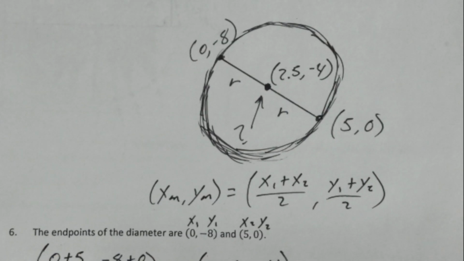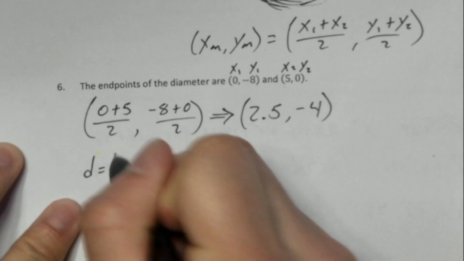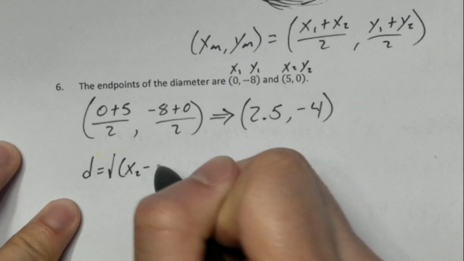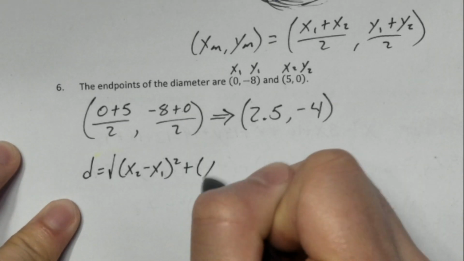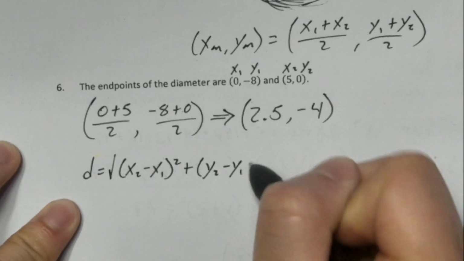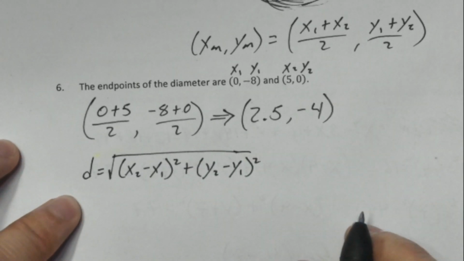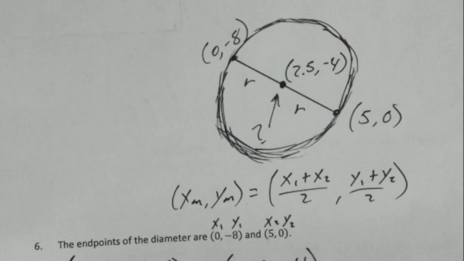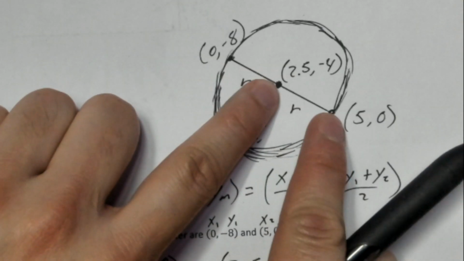So let's see. Distance formula. Distance equals the square root of x2 minus x1 squared plus y2 minus y1 squared. Here's the thing: I have to choose. Do I want to find the distance from here to here, or from here to here?